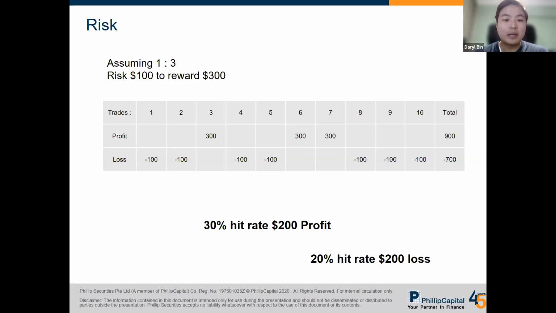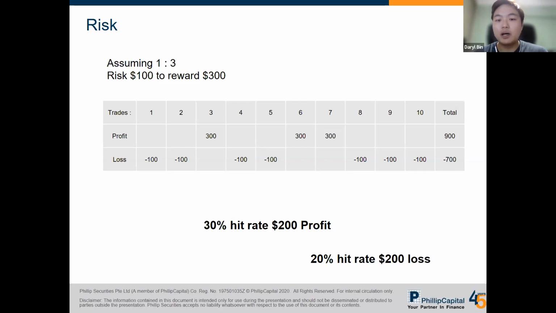You can see from the table, the first trade you lose $100, the second you lose $100, the third one you profit $300, the fourth one lose $100, the fifth one lose $100, and so forth. In all, you only hit three take profits, and you hit seven stop losses.